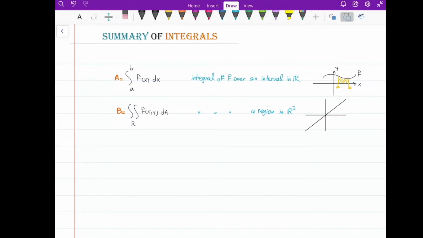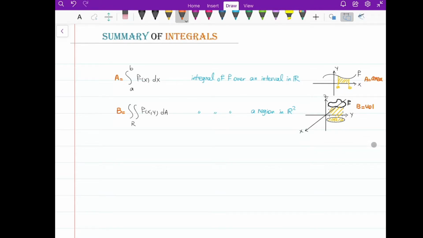I'm going to have a 3D x, y, z, and then if I have a surface f, and assume this is your region R in the x, y plane, then the double integral of f over R calculates the volume of the solid that is bounded above by f and below by the region R. So this is like volume, A is just area.